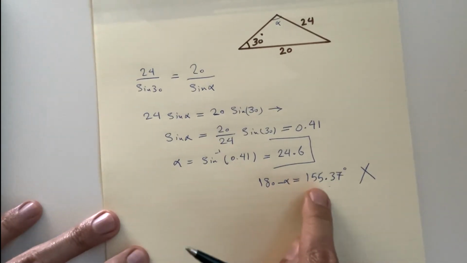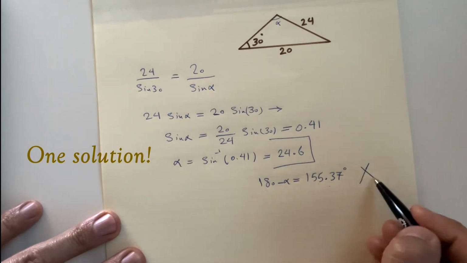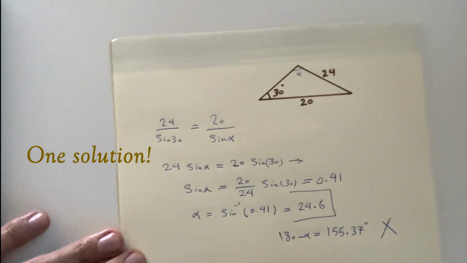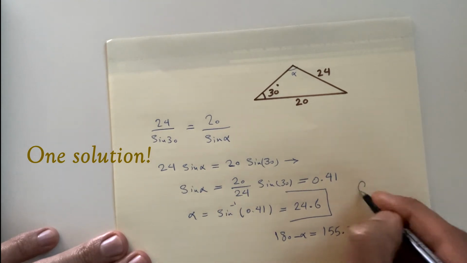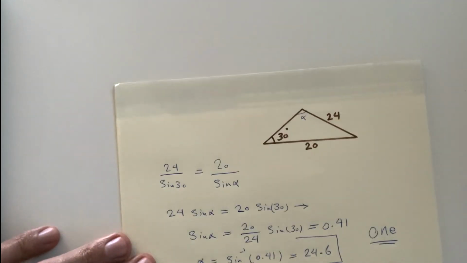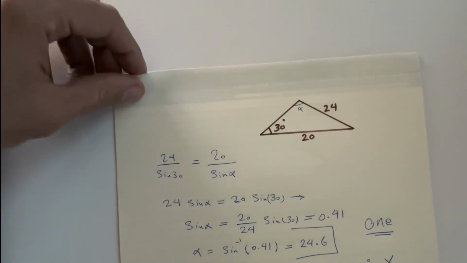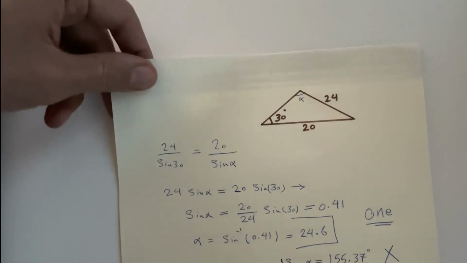So 155 here cannot be the solution. Therefore, we are not going to consider it, and then we only have one single triangle with this characteristic. But in the previous example, we had two types of triangles.